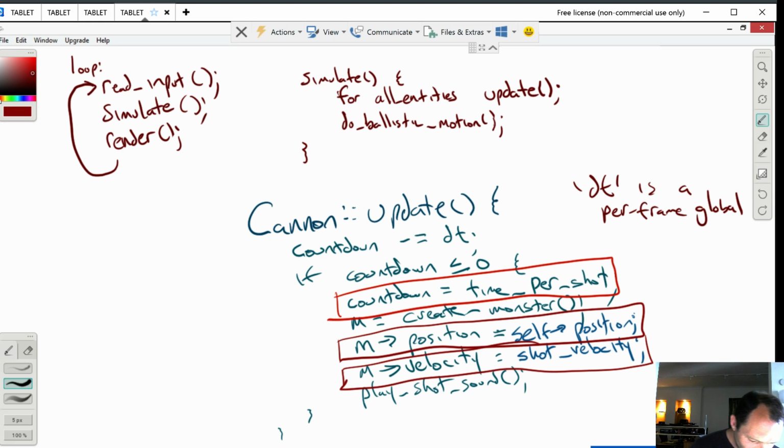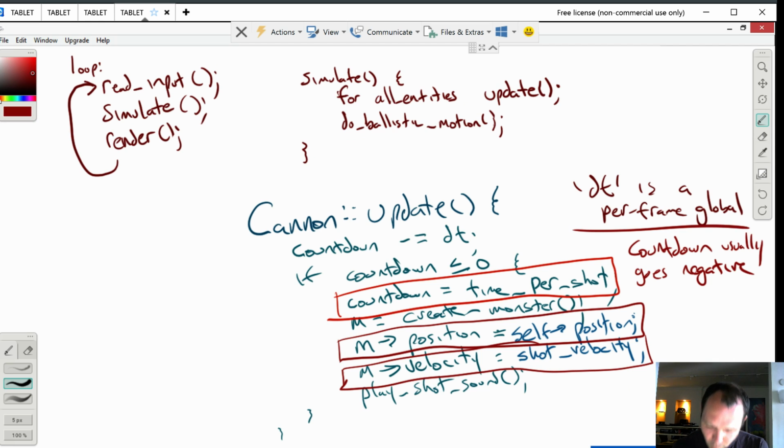So the problem is, the cannon, when the countdown is less than or equal to 0, we're resetting the countdown to time per shot, but it went negative, right? So countdown usually goes negative, which means that it's actually shooting at an inconsistent rate.